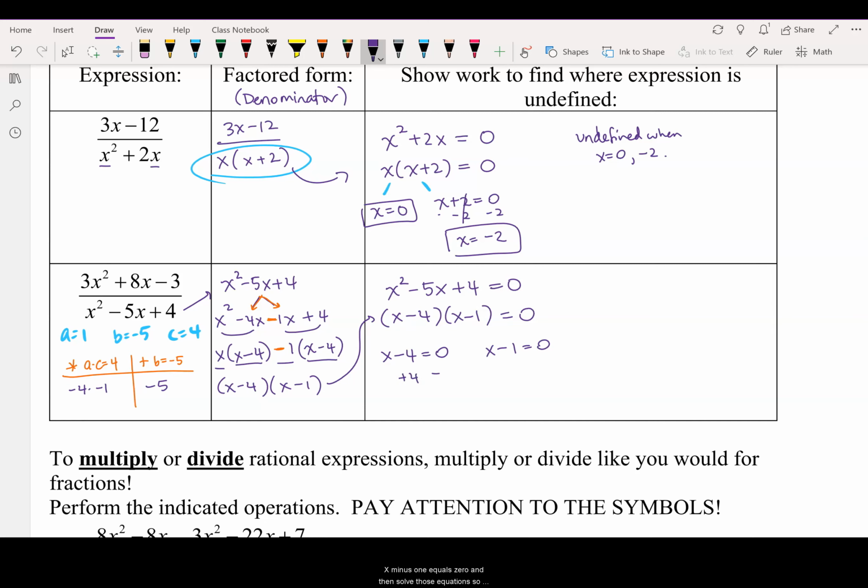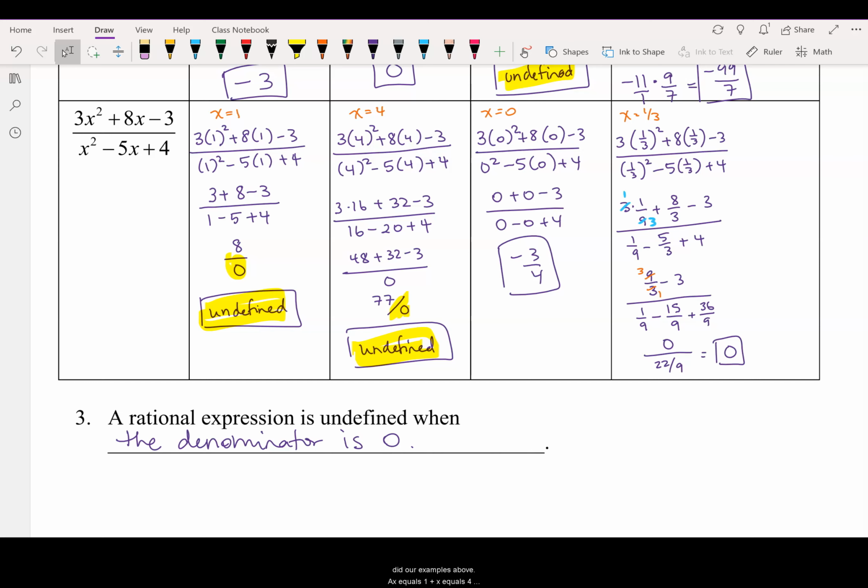I can add 4 to both sides on x minus 4 equals 0, so x equals 4. On the second one, I can add 1 to both sides, and I get x equals 1. We have our undefined values, x equals 4 and x equals 1. And notice here, when we did our examples above, x equals 1 and x equals 4 gave us our undefined values for x.